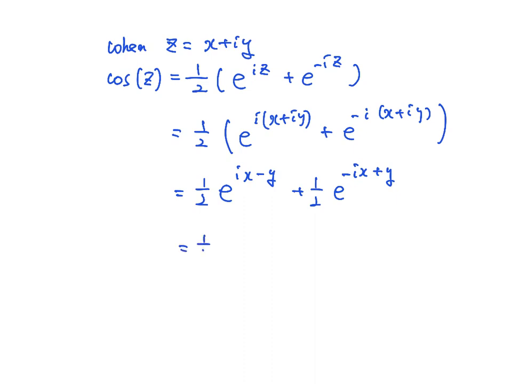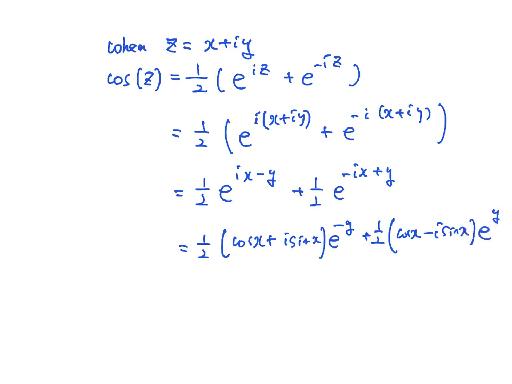So you can put exponential ix is cosine x plus i sine x times exponential minus y, plus 1/2 cosine x minus i sine x times exponential y.